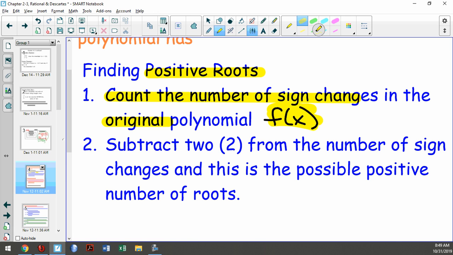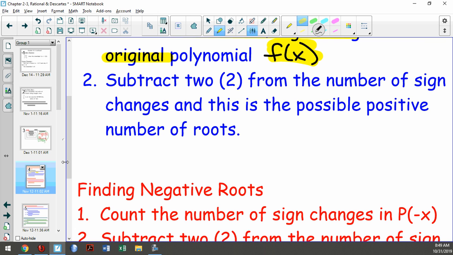Then, let's say my number of sign changes, n, is equal to 8. Then it says that you're going to subtract 2 from the number of sign changes, and this is the possible positive number of roots that you're going to have. So if I take 8 and subtract 2 from that, how many do I have? 8 take away 2?